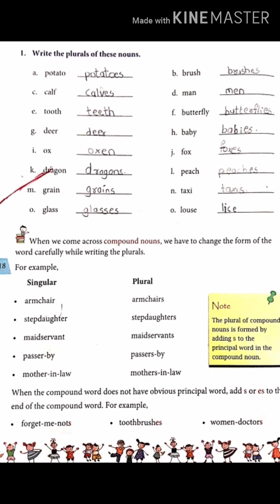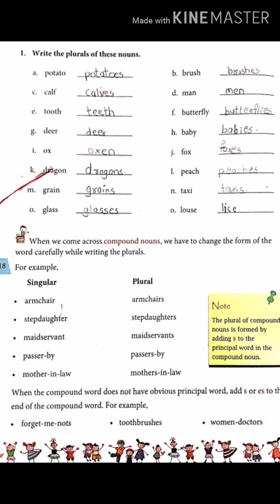Children, a compound noun contains two or more words that join together to make a single noun, like sunflower, makeup.